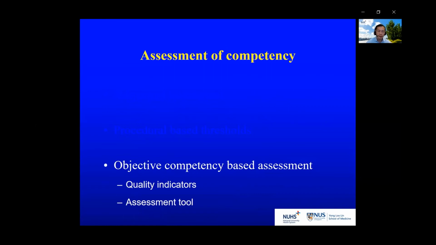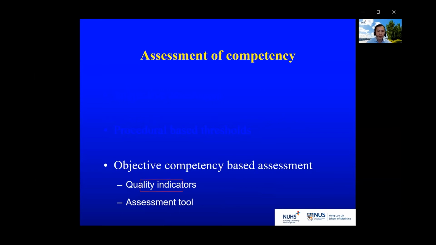To assess competency objectively, we need to consider two issues. One is the so-called quality indicators. The other is whether there is a tool for us to assess this sort of quality of performance. Why is quality important? We know that quantity alone is not sufficient.